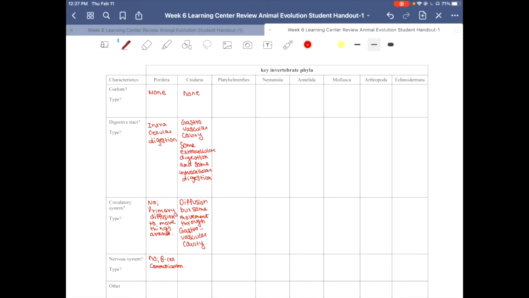For their nervous system, they have something called a nerve net that they use to sense things around their environment.